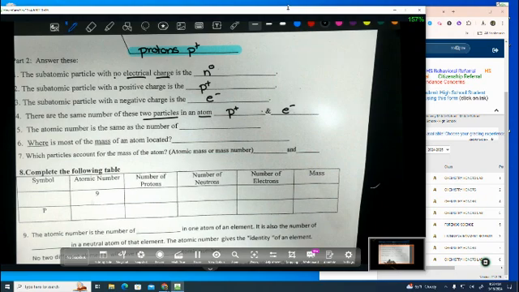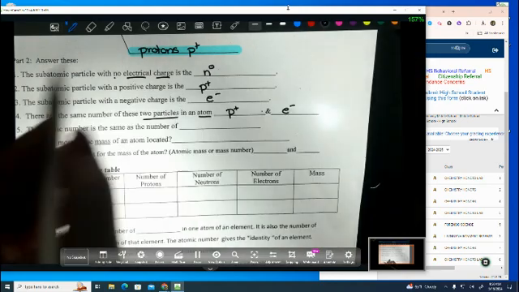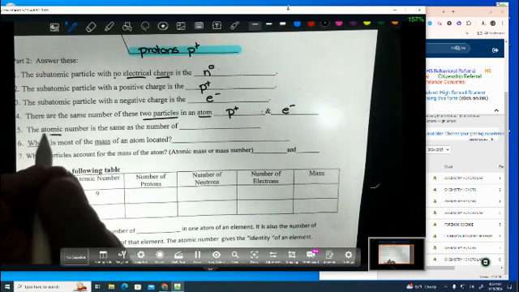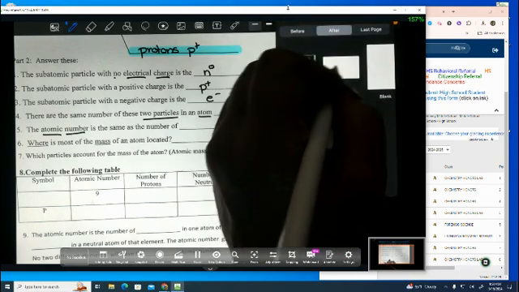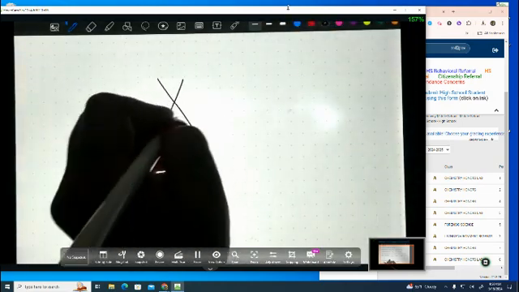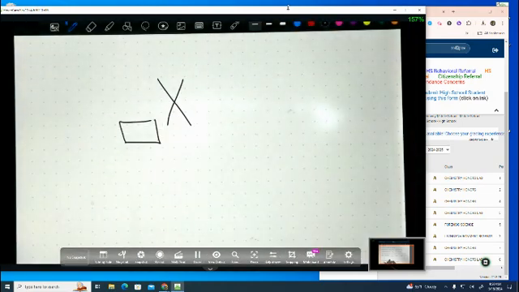All right, the atomic number is the same as the number of... Lily? Okay, hold on. Let's dissect this question. The total atomic number. So let's get it right here. This is the atomic number in the bottom left corner.